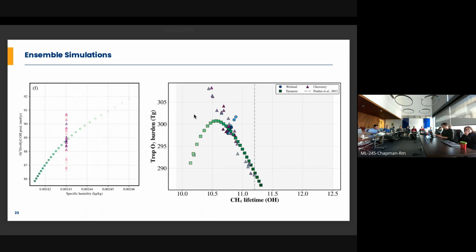And so then if you look at the ozone versus lifetime diagram, here is the sensitivity due to lightning that we know of. And then the green ones, so then you would have a combination of the MEGAN emissions.